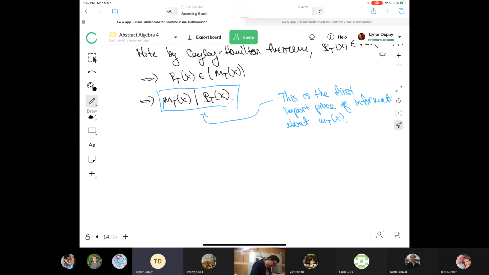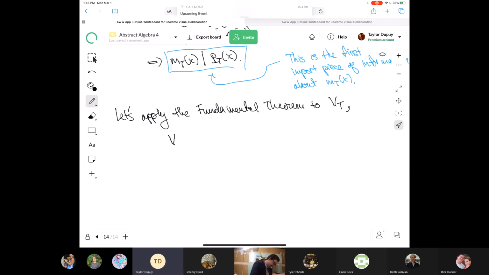So now the fundamental theorem applied to V_T. We'll get what V_T looks like. It's finite dimensional, so there's going to be no free part.